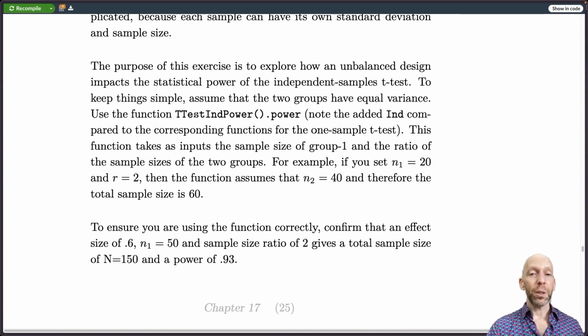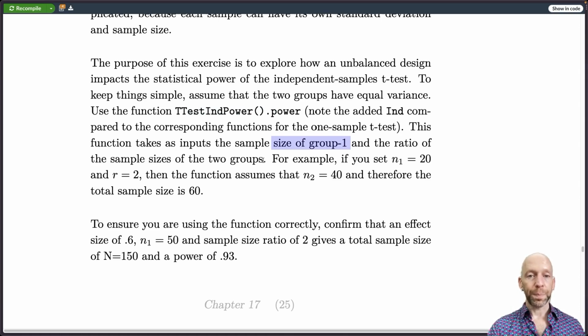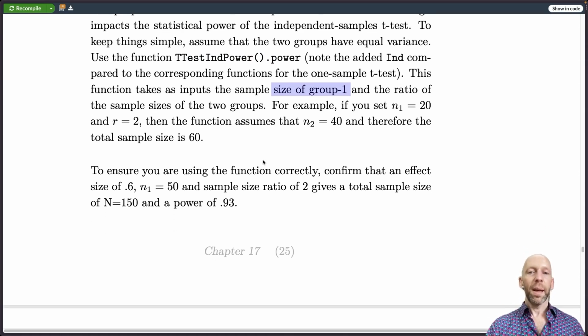So the way that you input the two sample sizes into this function is by providing the sample size of one group and the ratio of the sample sizes for the two groups. For example, let's say you input that the sample size of sample 1 is 20, and then you specify the ratio, which is 2.